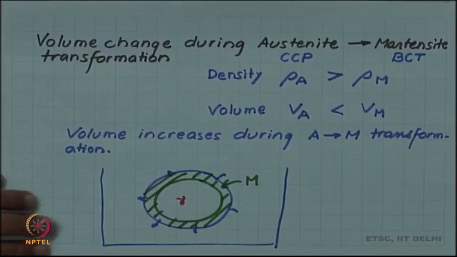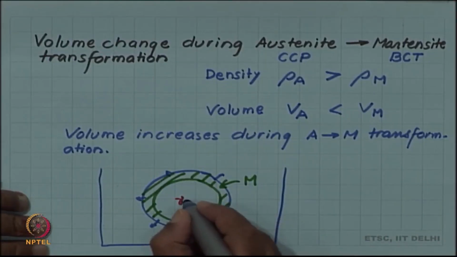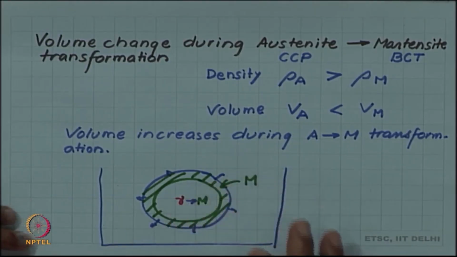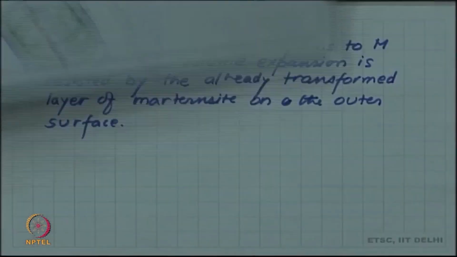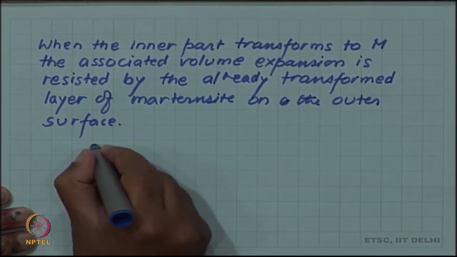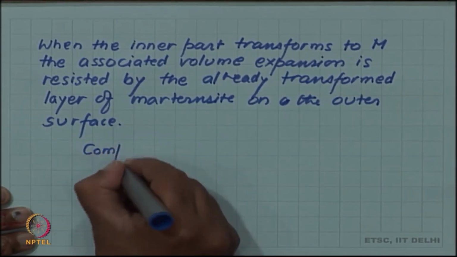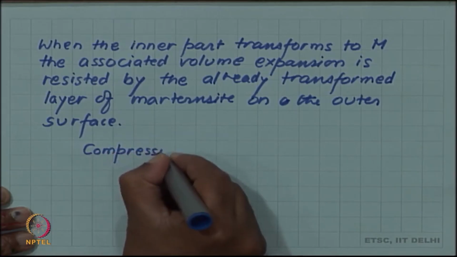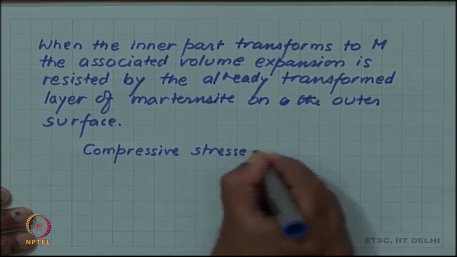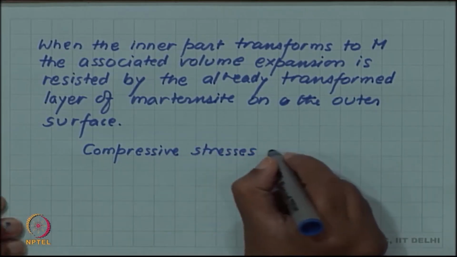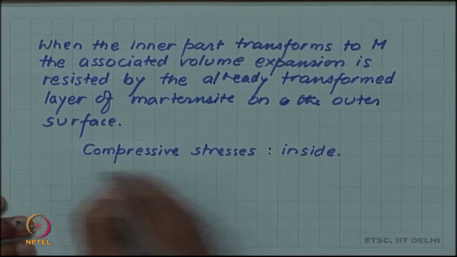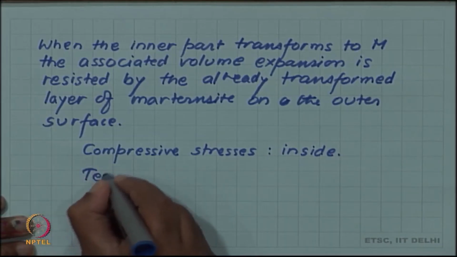So, when this gamma wants to transform to martensite, it will also like to expand. That expansion is resisted. This will lead to compressive stresses, so compressive stresses on inside and correspondingly tensile stresses on the surface.